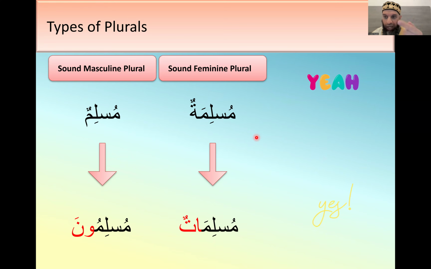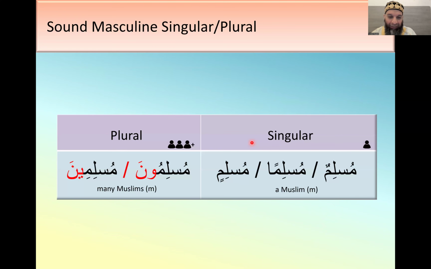We're going to go over now how you can tell a word is plural in masculine and how it's plural in feminine. I'll give you the structure. So this is the table for masculine singulars and masculine plurals. This is all it is.